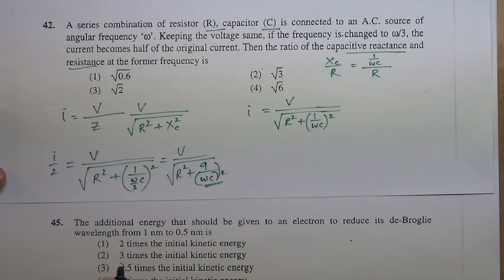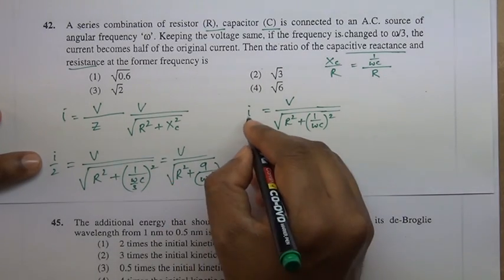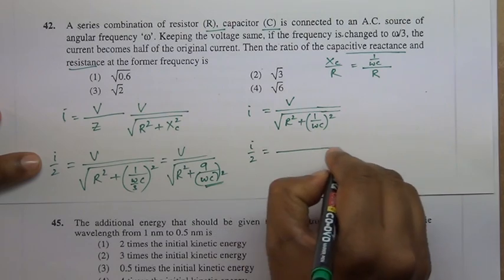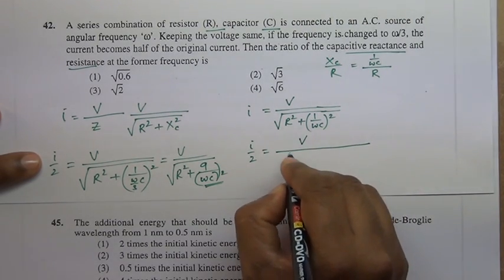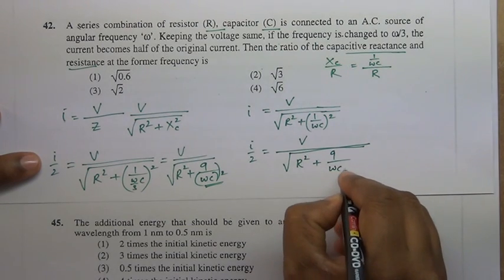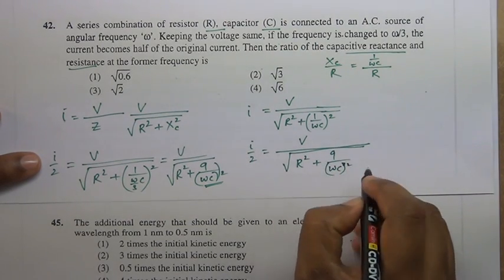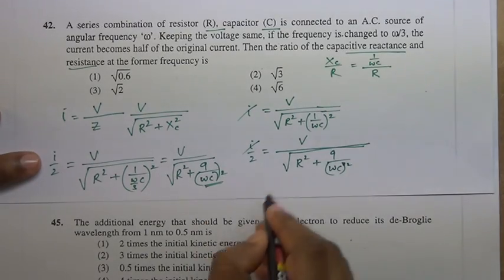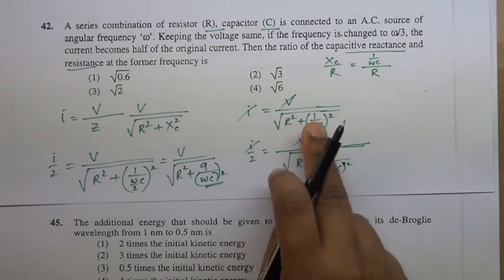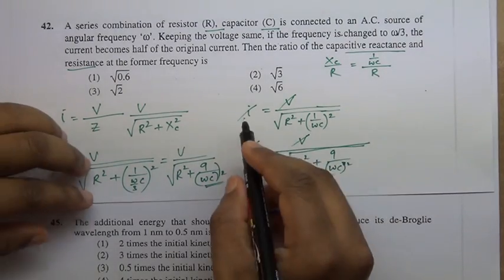Now we have another expression. Let me divide this by this expression. I by 2 equals V by root of R square plus 9 by omega C square. I cancels, V cancels, and since there is a square root, let me square the entire equation.